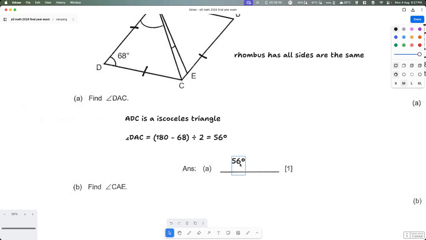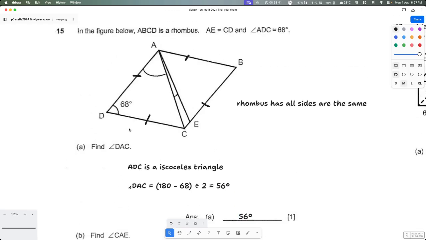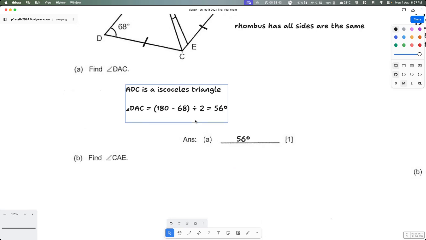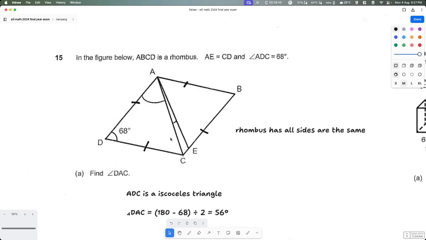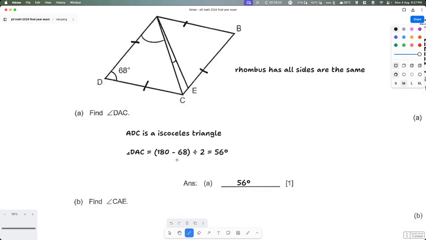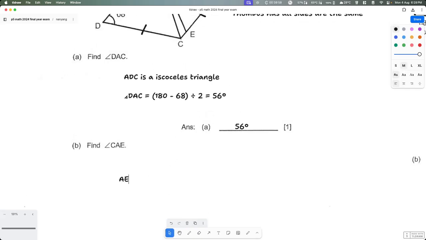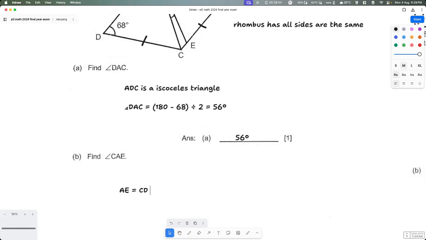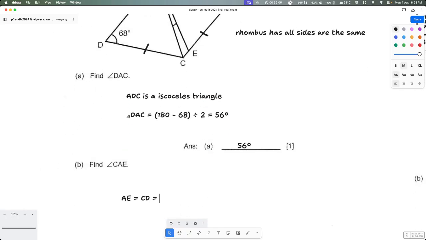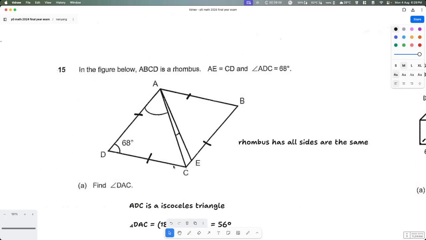All right, so now the next part is CAE. So how to get CAE? We know that AE is equal to CD. So if AE is equal to CD, that means it's also equal to AB, because CD is also equal to AB.